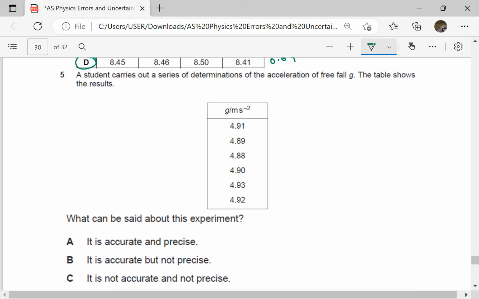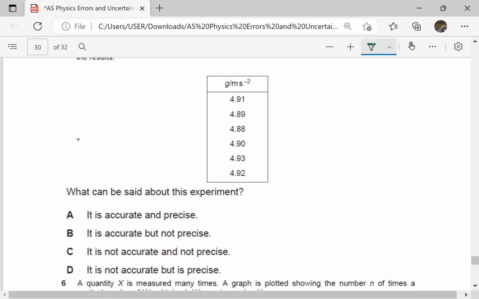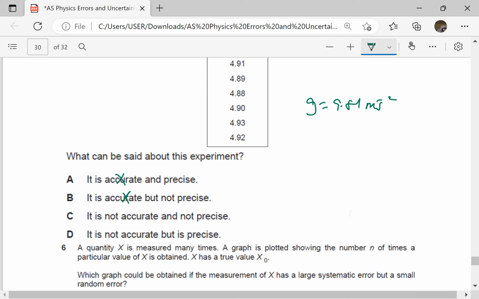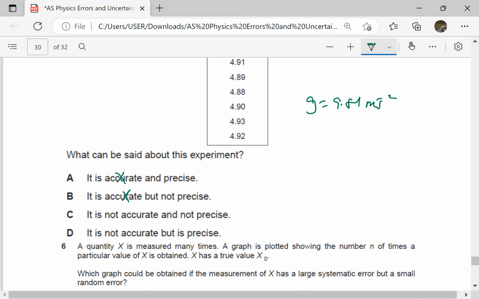A student carries out a series of determinations of the acceleration of free fall g. The table shows the results. So we know that these values are not accurate at all because g is supposed to be 9.81 meters per second squared. So where we see accurate, we cancel out that one because they are not accurate. Then we check precision.